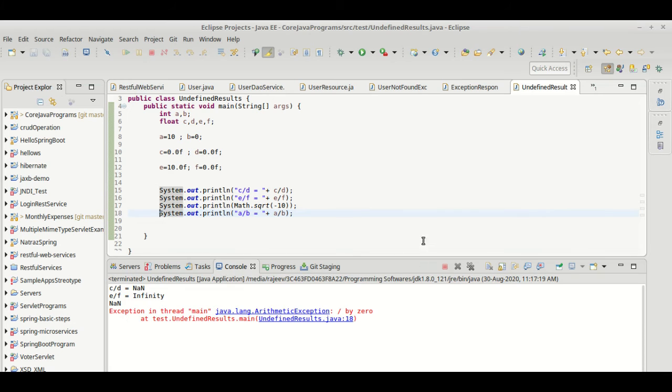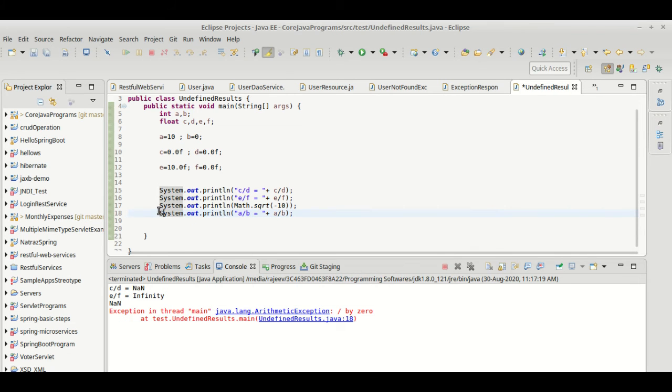So let us check. Yeah, see, arithmetic exception is coming: divide by 0 at test.undefinedresults.main. This is the class name, at line number 18, so we are getting it here. Again I comment it out, I had given this just for checking purposes.